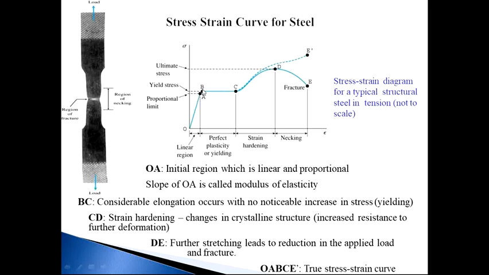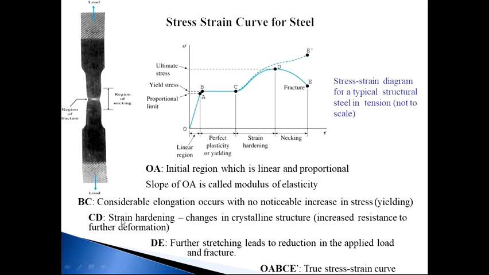Then A to B is the elastic limit, means up to point B, when you remove the load, the material regains its size and shape. Then B to C is yielding, means when you see this graph, from B to C only strain increases without increasing stress, means the bar will be elongated without carrying more load.